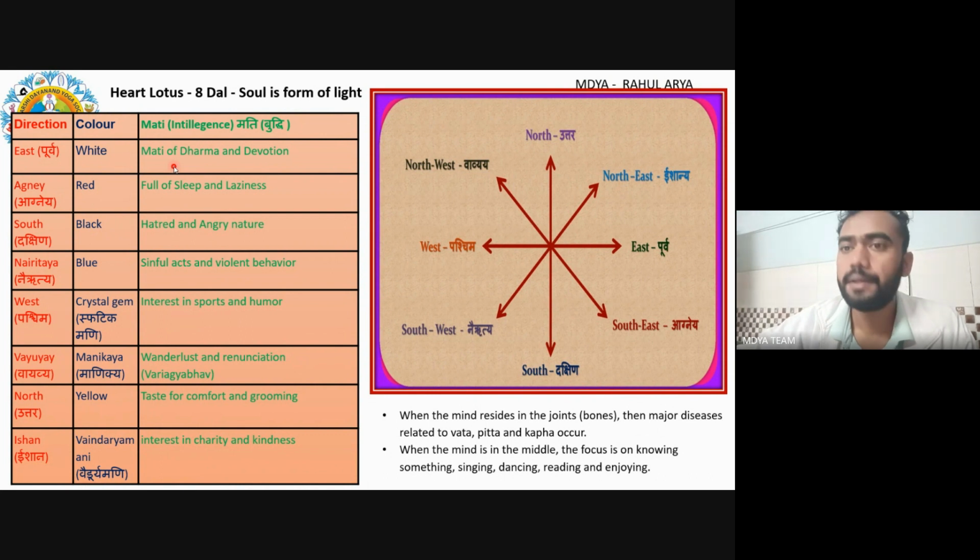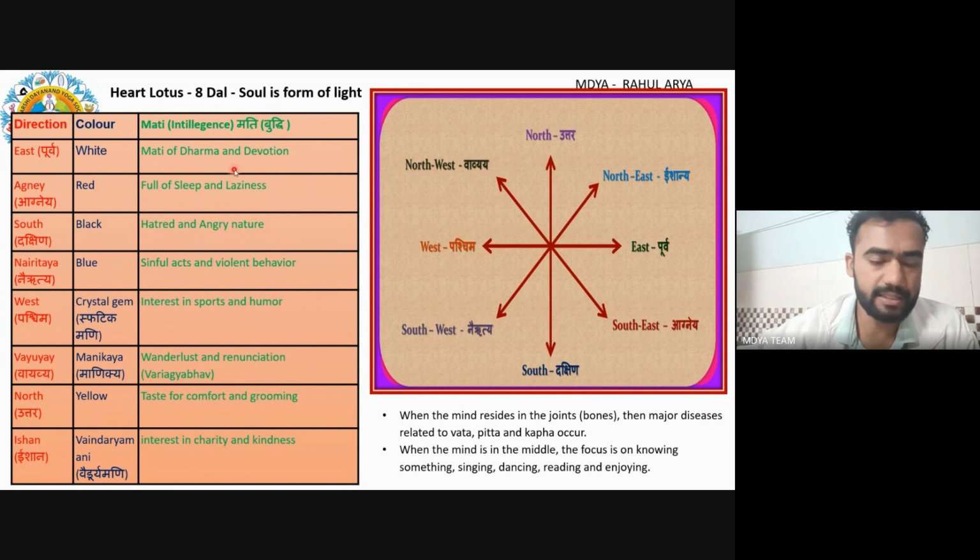What happens in each direction? In the east, you get Dharma and devotion. If you want to attain Dharma and devotion, then focus on the east side of the heart.